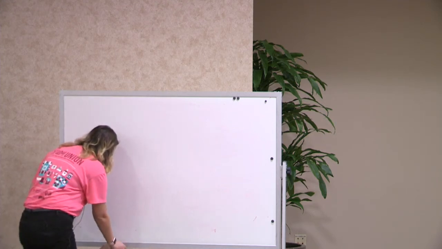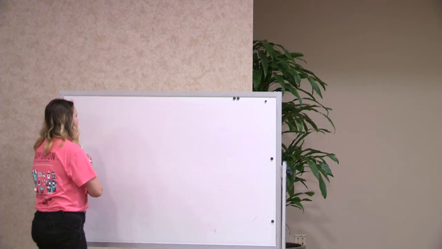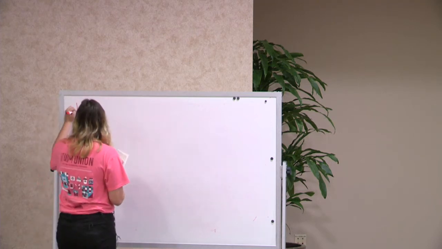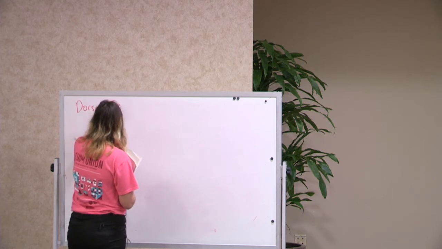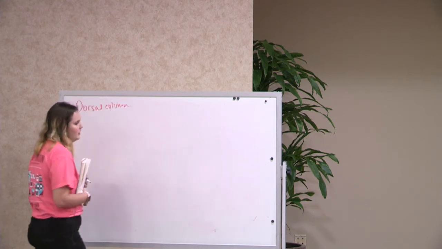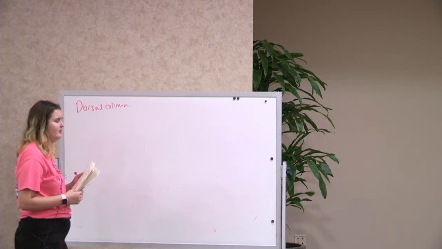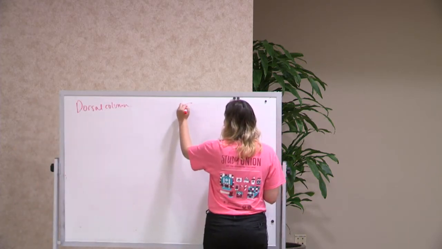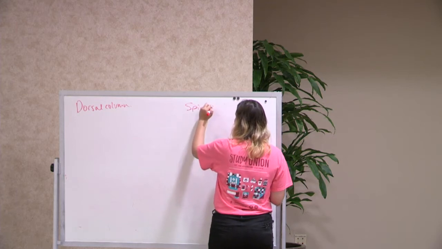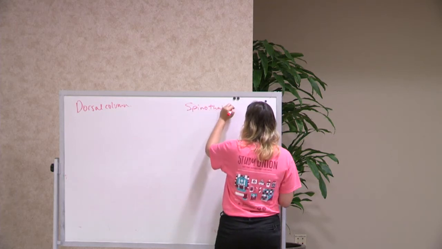We'll talk about that in a second with the dorsal column and the spinothalamic pathway. The dorsal column is also called the dorsal column medial lemniscal pathway, but I'm not going to write that all out.